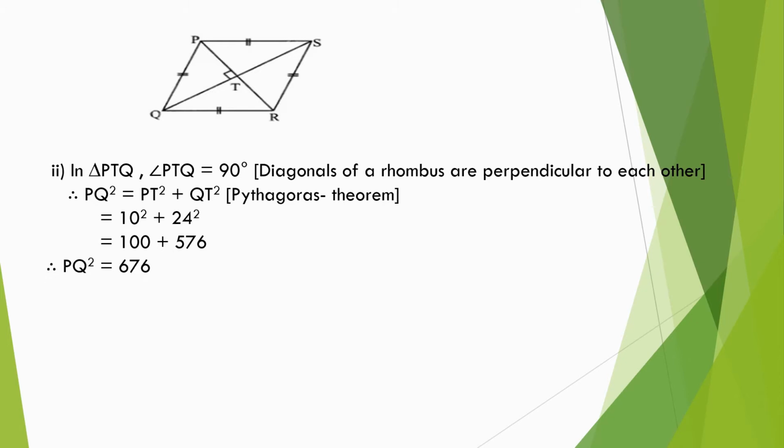Therefore PQ square is equal to 676. Therefore PQ is equal to the square root of 676, which is 26 centimeter. Therefore the length of side PQ is 26 centimeter.